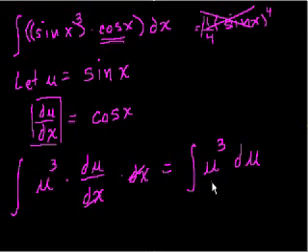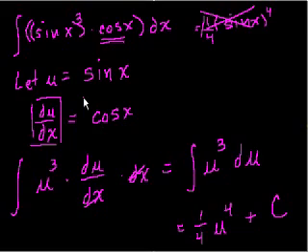Now this is an easy integral. The only thing different is that instead of an x, we have a u here. We know the answer is 1/4 u to the fourth, and then of course we add the plus c. Are we done? Almost, but it would be nice to unwind the u and put the sine of x back in for it.